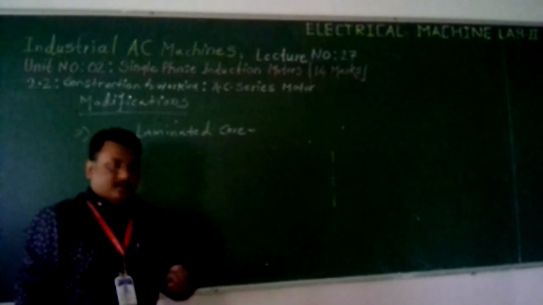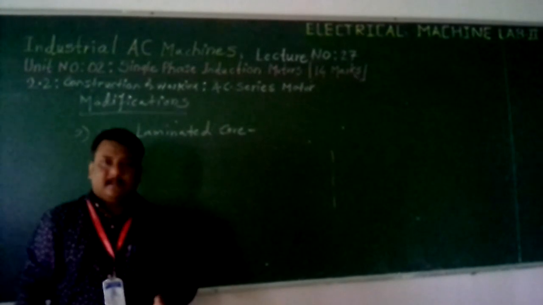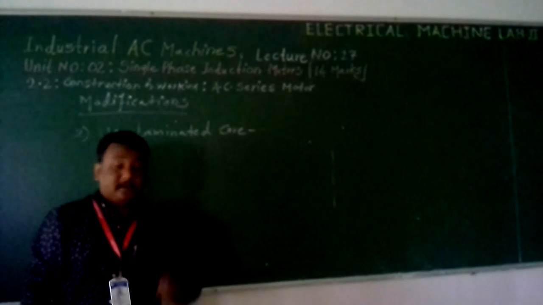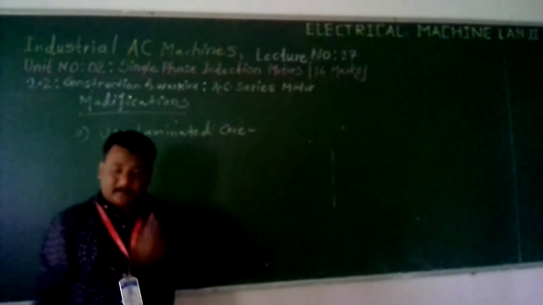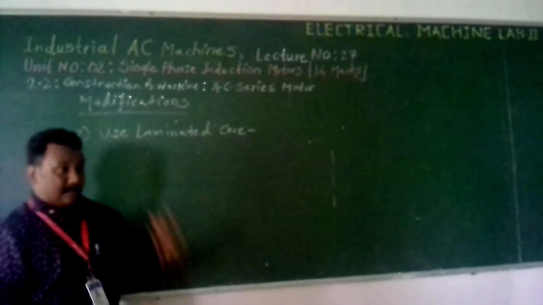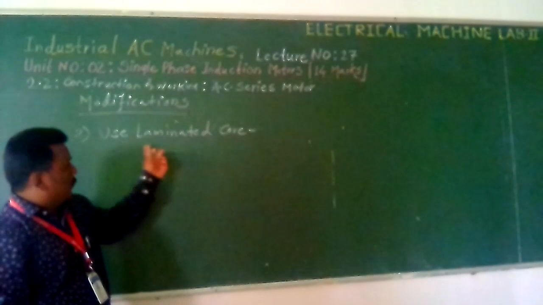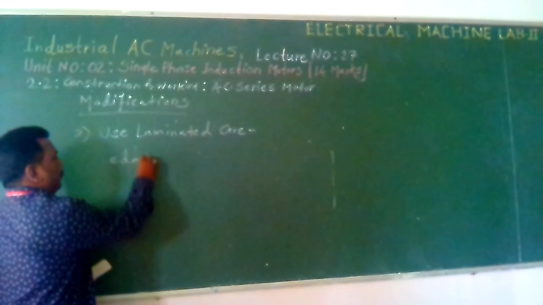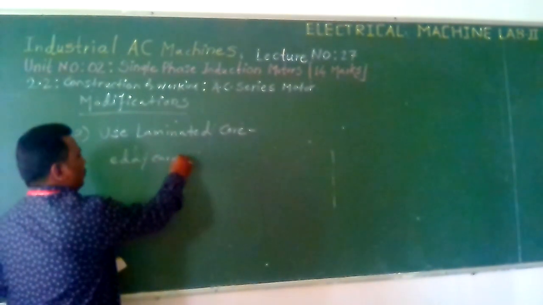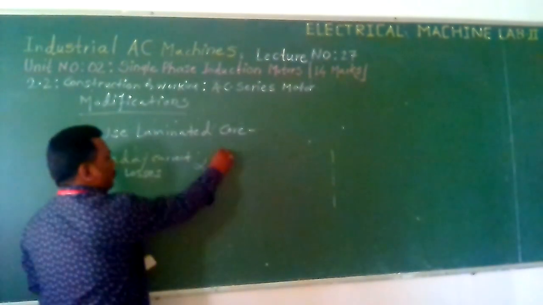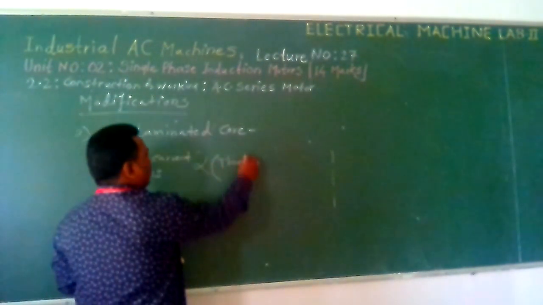Whenever we work on AC supply, eddy current losses are produced, and to overcome this, whenever we use magnetic material for the field core or armature core, we use a laminated core, because eddy current losses are directly proportional to the thickness squared.